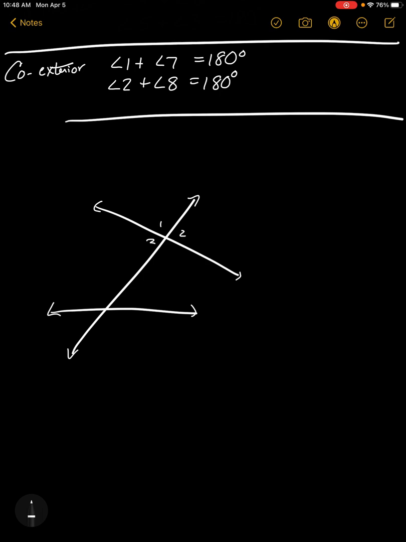And so if I had 2, 3, 4, 5, 6, 7, 8, and I wanted a pair of alternate exterior, they're not going to necessarily look like they're equal. It's still going to be in that placement. So it's the placement. Angle 1 and angle 8 are alternate exterior.